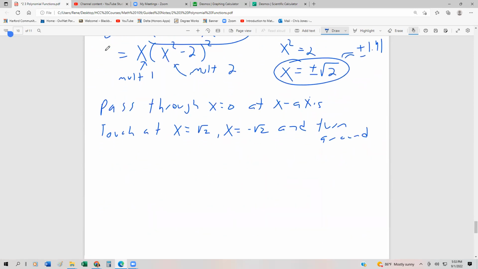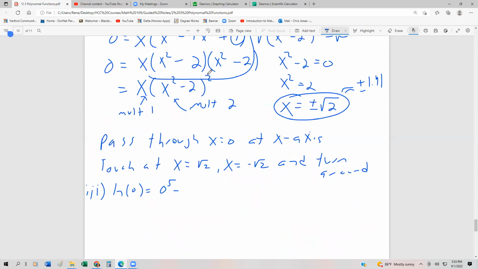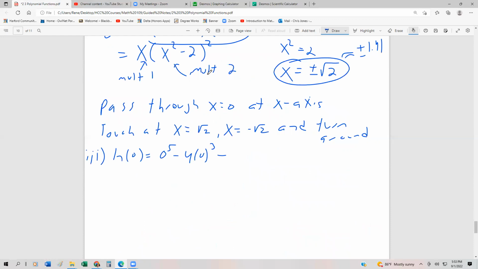And similar to some of the other videos that we've seen, it's not really going to help us too much, but we're going to find h at 0, which is going to be equal to 0 to the 5th minus 4 times 0 cubed plus 4 times 0, which is equal to 0. So we have 0, 0 is the y-intercept, which is repetitive.